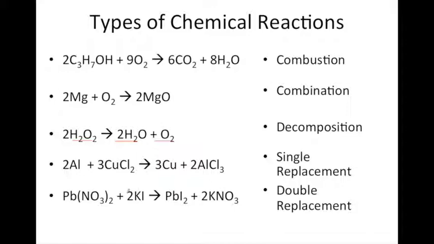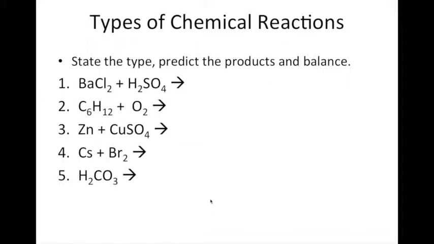And finally, here we have 2 ionic compounds that are switching partners to produce 2 new ionic compounds, and that's a double replacement. Let's try one more set of problems here. For these, predict what type of reaction this is, and then see if you can predict the products and balance the equation. Give it your best shot, pause the video, and see what you come up with.